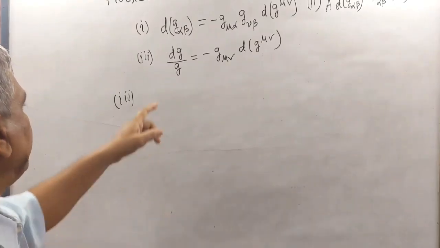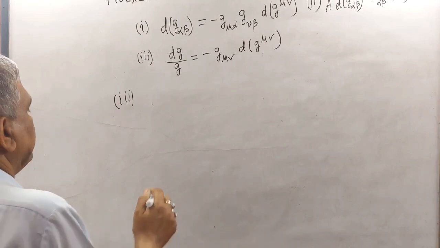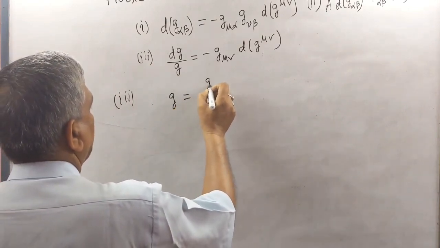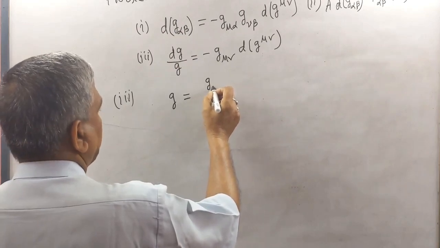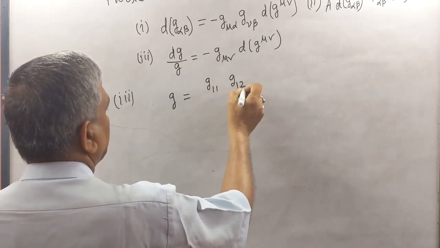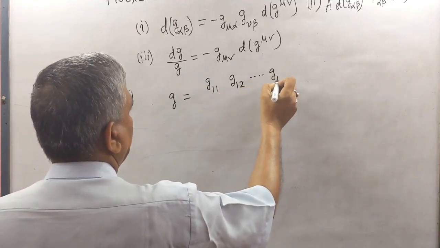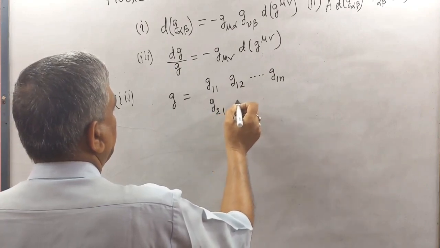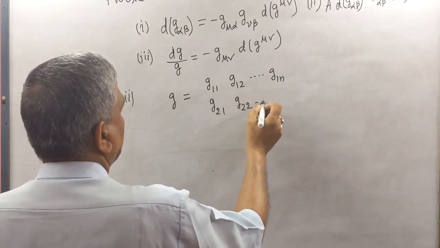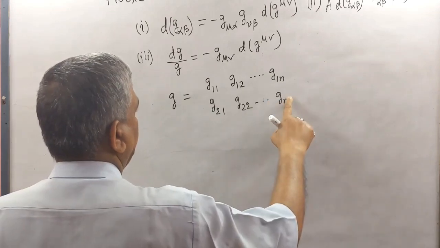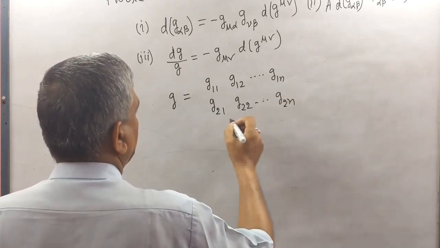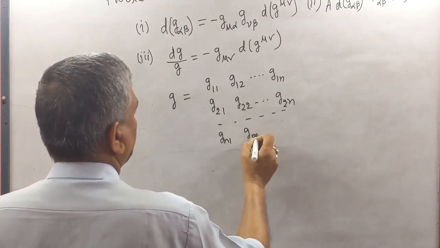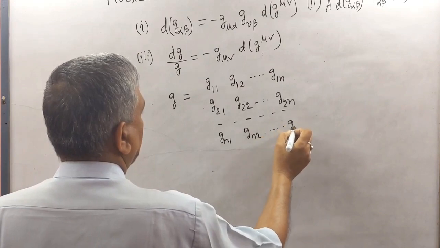We shall solve number 3. Let G be the determinant of the matrix G11, G12, G1n, G21, G22, G2n, dot dot dot, Gn1, Gn2, Gnn.